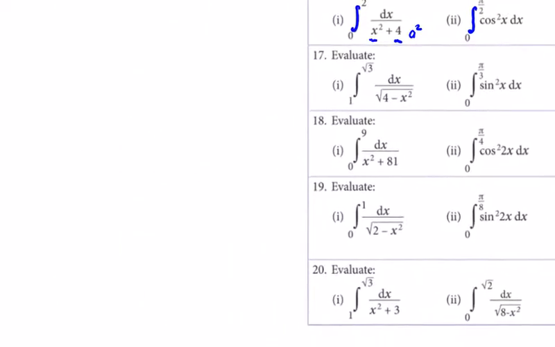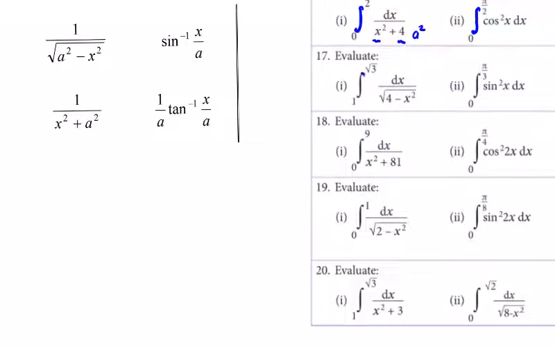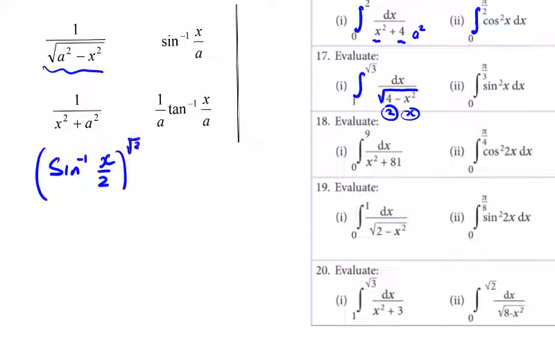Number 17. Square root of 4 minus x squared, so we have 2 and an x for our square roots. So you can see here, it's going to be the inverse sine of x over a, so it's just going to be x over 2. And that's between root 3 and 1.